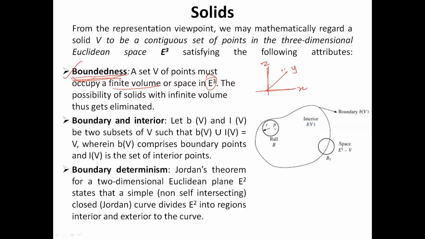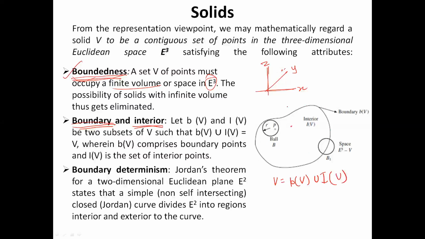Now the second most important aspect of a solid is that it should have a definitive boundary and a solid interior. If you ask what a solid is, a solid is generally defined as the boundary vectors union the interior points. Any point which is bounded has to have a definitive geometry.